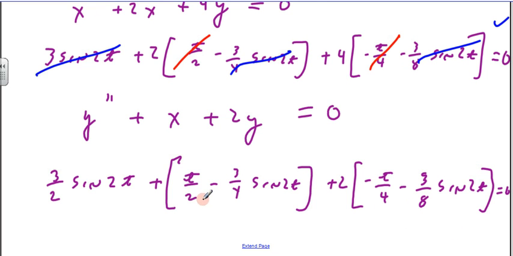Okay, so I got t/2 minus t/2. That guy goes away. I got minus 3/4 minus another 3/4, which would be 3/2. I got plus 3/2. These guys go away.